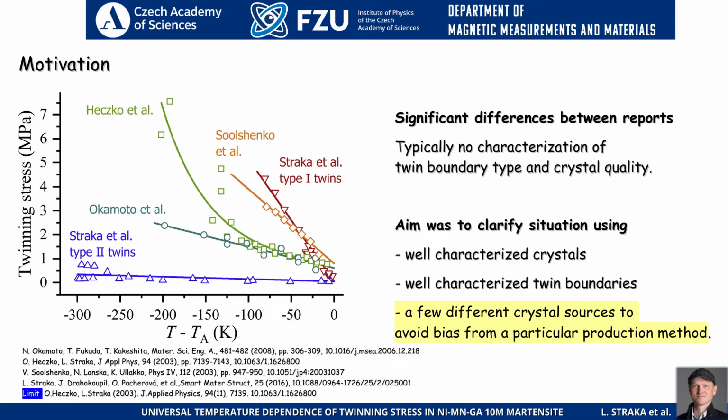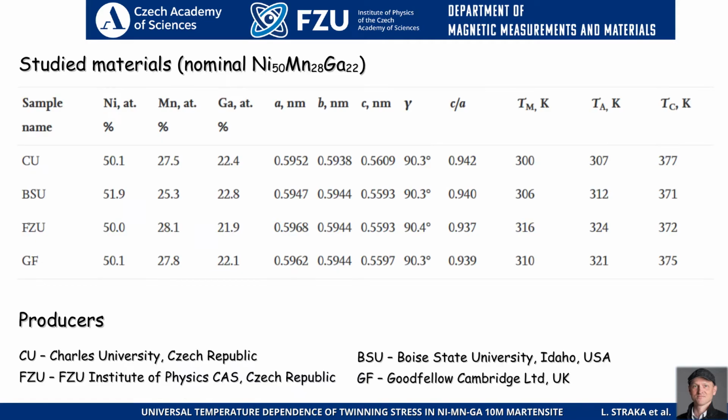And if we consider now the limit which I discussed a minute ago, we can see that this temperature dependence is really very relevant, because it decides if the crystal is working under some temperature or not working as a magnetic shape memory element.